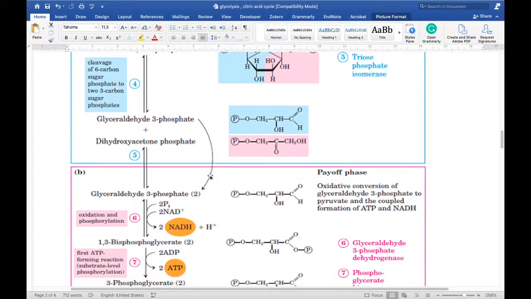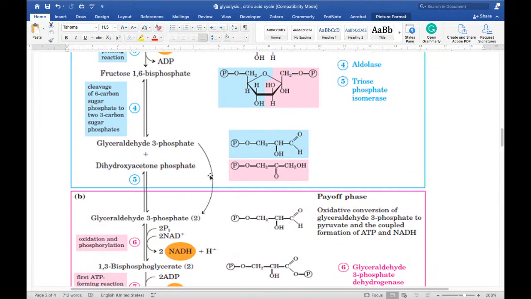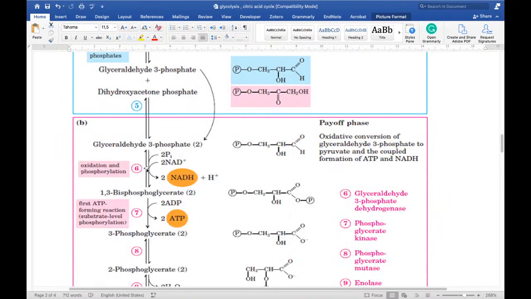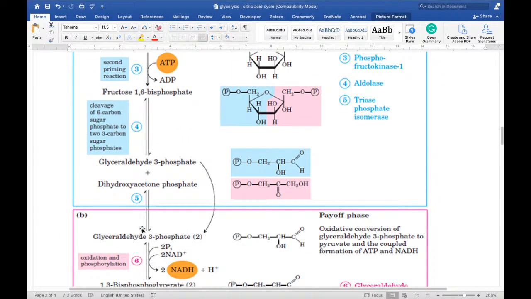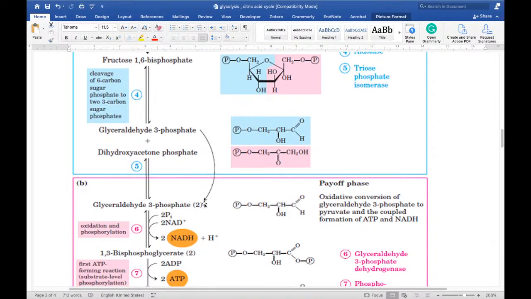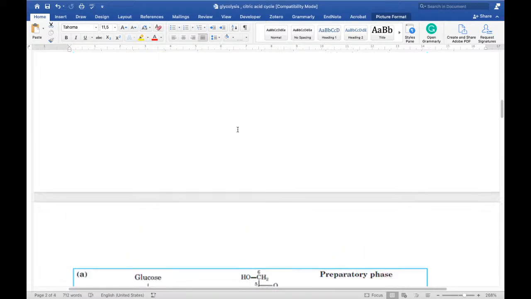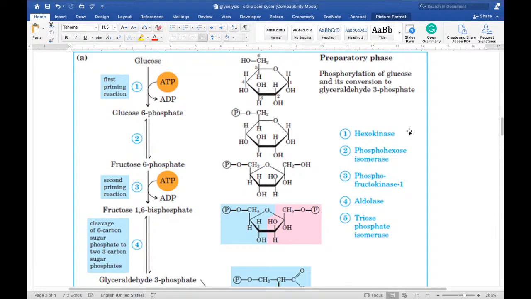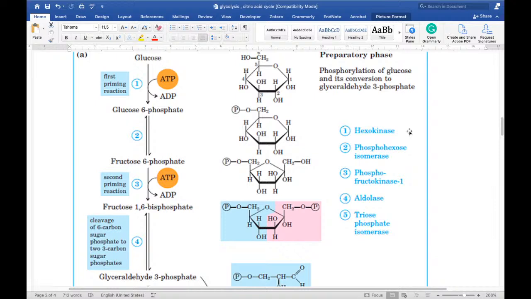And then further the last enzyme used here, after the fifth enzyme, is triose phosphate isomerase. It will convert dihydroxyacetone phosphate into glyceraldehyde 3 phosphate, so it will produce two molecules of the same. This first part is known as your preparatory phase, the blue one, and it's a conversion to glyceraldehyde 3 phosphate.